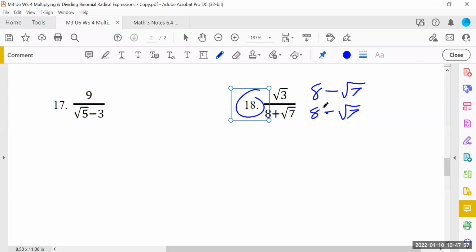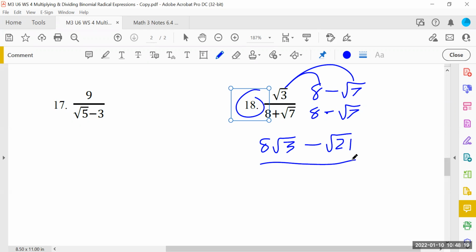Emily, what does the top become? Uh-huh. And go ahead and keep going. Okay, what goes inside that square root? 21 is correct. Does that make sense to everybody? 3 times 7, get that 21 in there.